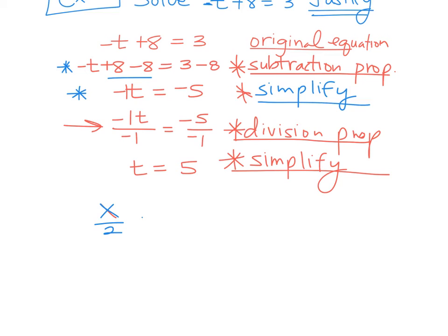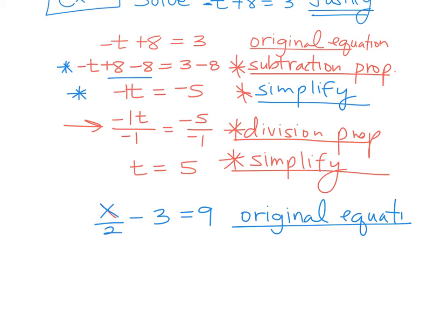X over 2 minus 3 equals 9. And our reason for that first one is always it's the original equation. Okay? Then your next one's going to look like this. X divided by 2 minus 3 plus 3 equals 9 plus 3.